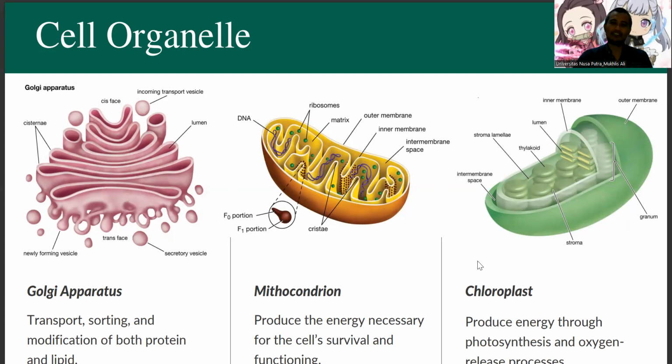So when the endoplasmic reticulum produces or synthesizes protein and lipid, next it is transported to the Golgi apparatus, and the Golgi apparatus can transport or deliver the protein, lipid, or other biomolecules to other organelles inside the cell, and also deliver them outside the cell.